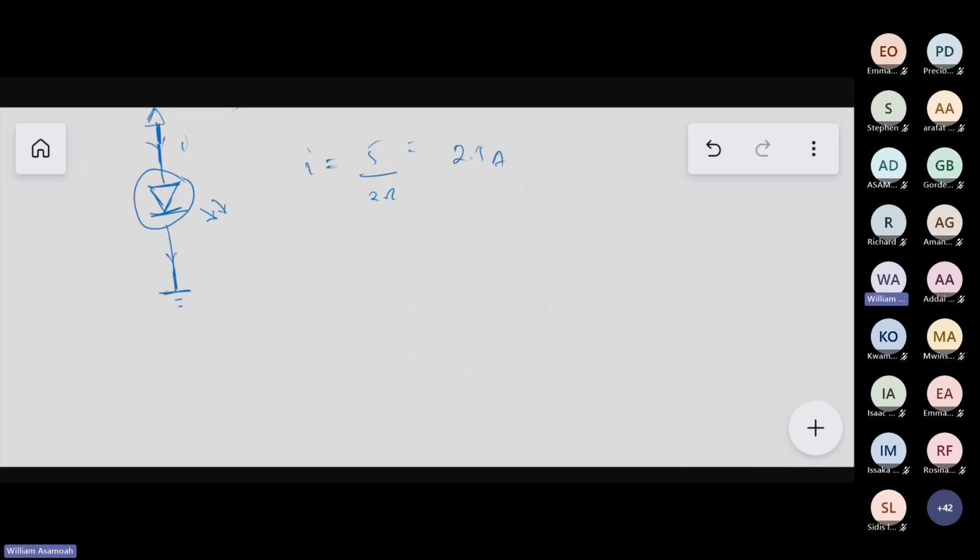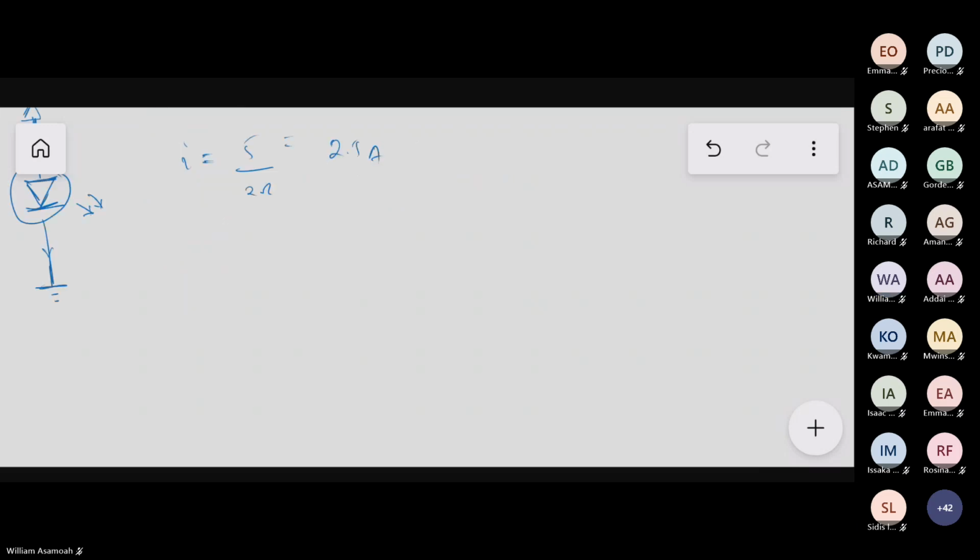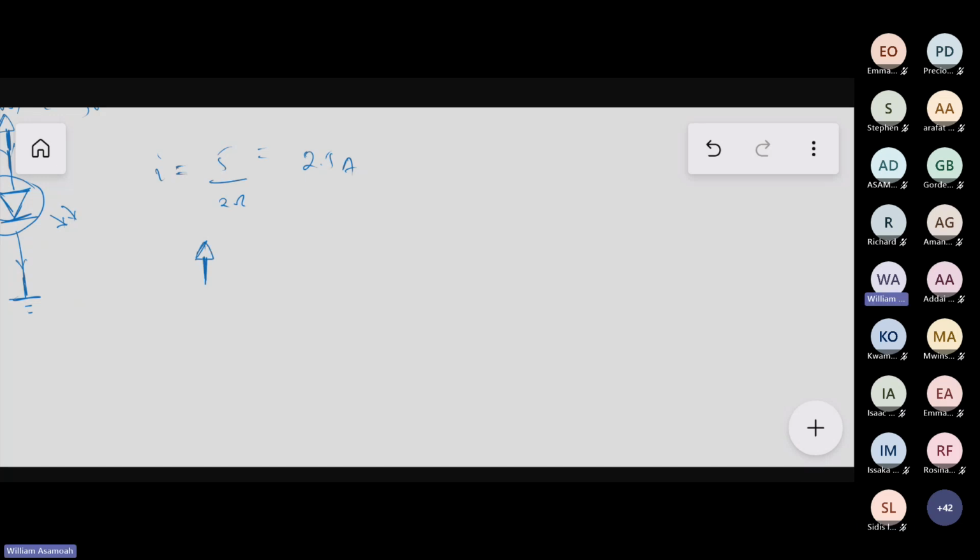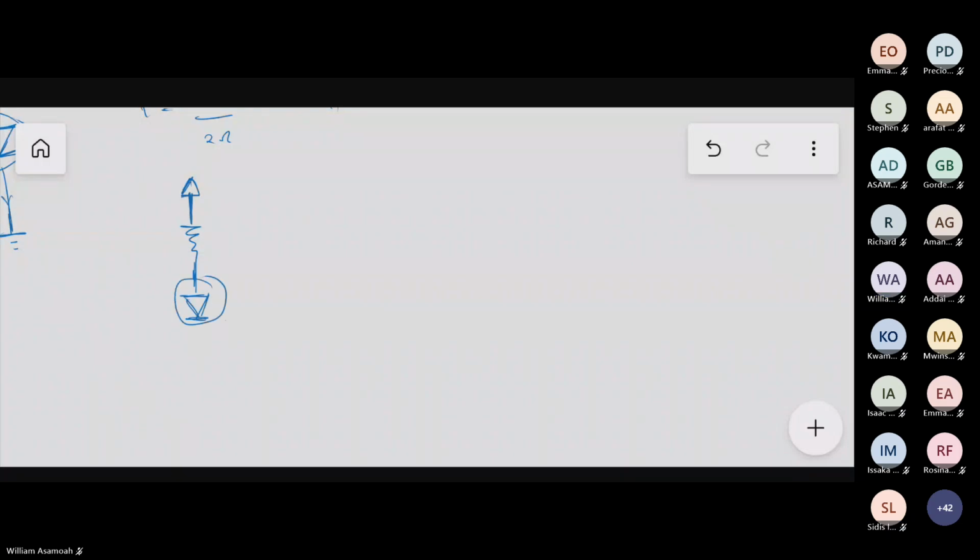Another name for a current limiter is a resistor.